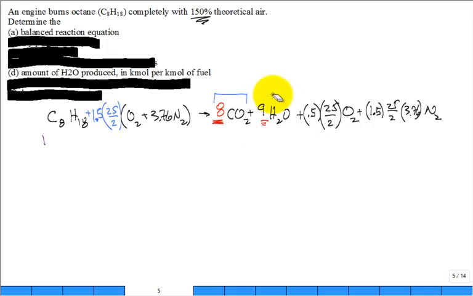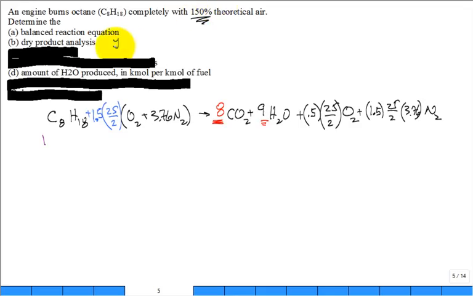Let me get rid of some junk here. What's part B say? Give me the dry molar analysis. What are they asking for? Molar analysis without the water. We've done a molar analysis before.